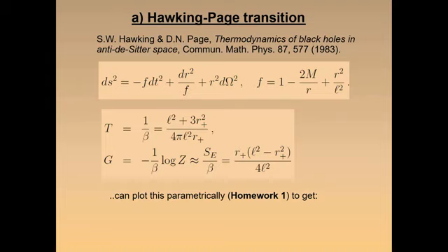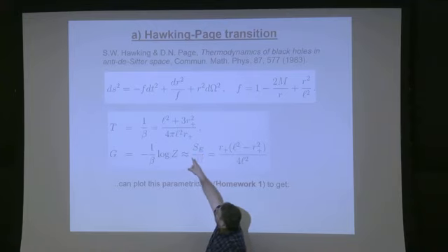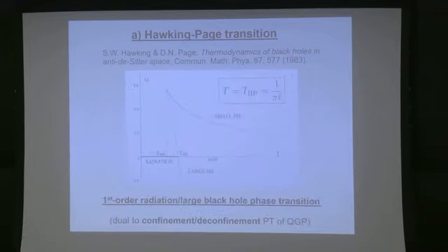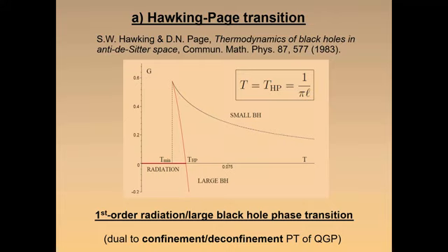The only possibility is that r_+ equals L. So it happens when r_+ exactly equals L, in which case the temperature is (1 plus 3) divided by 4, so it's 1 over πL, and that's the Hawking-Page temperature.